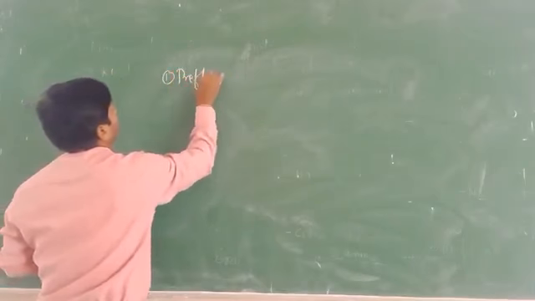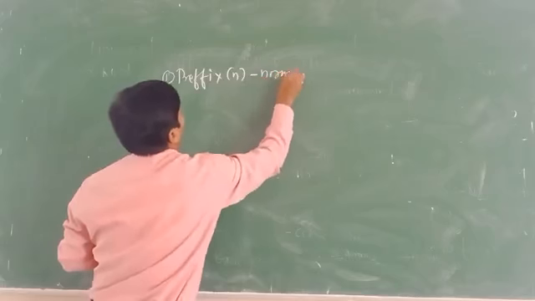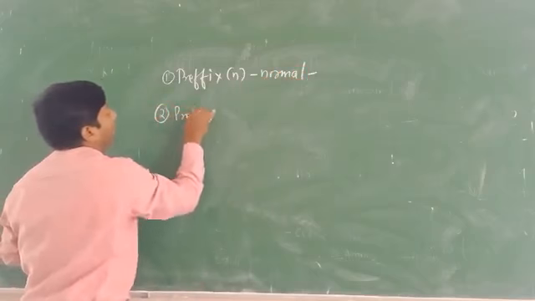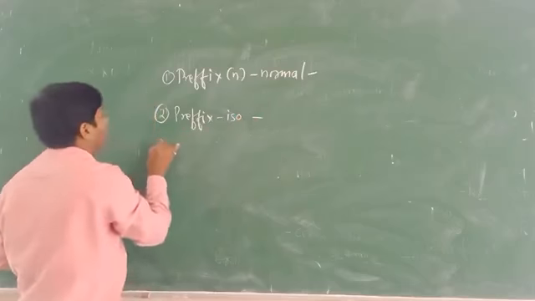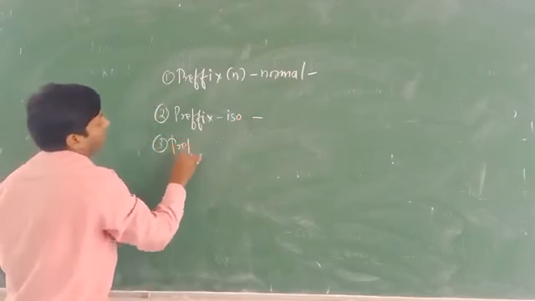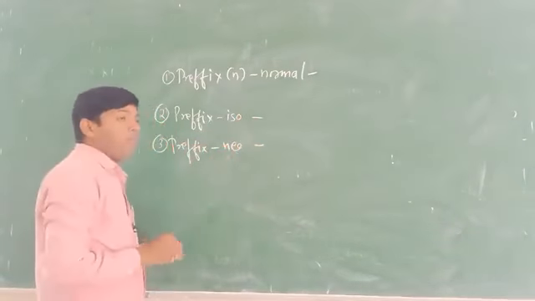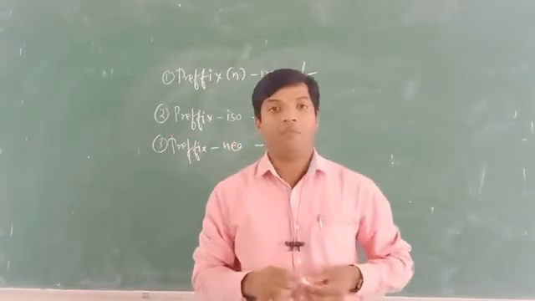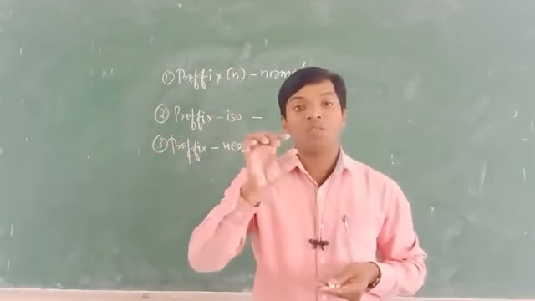Here, prefix n stands for normal prefix. Second is prefix iso, and third one is prefix neo.